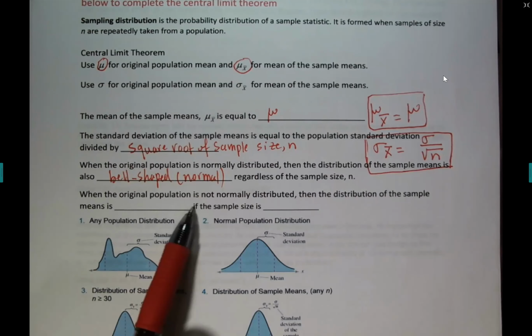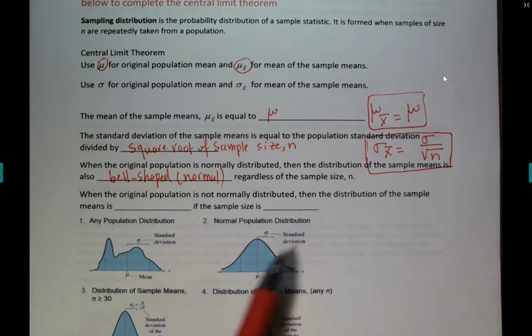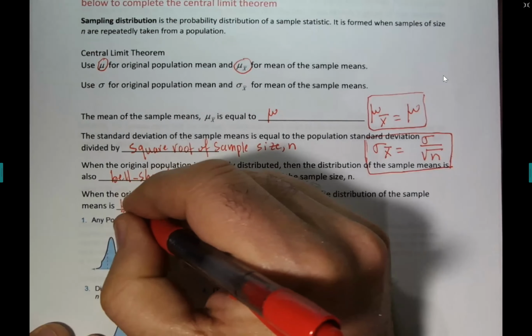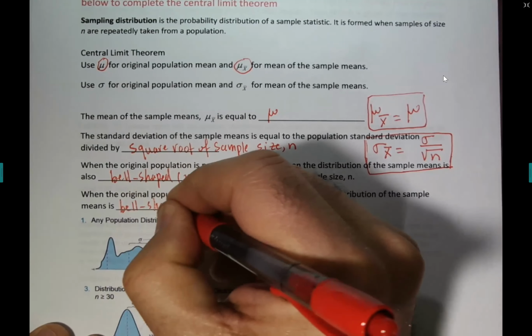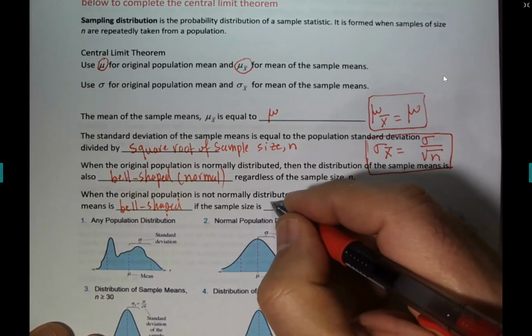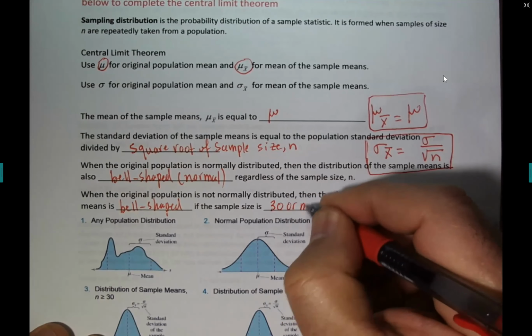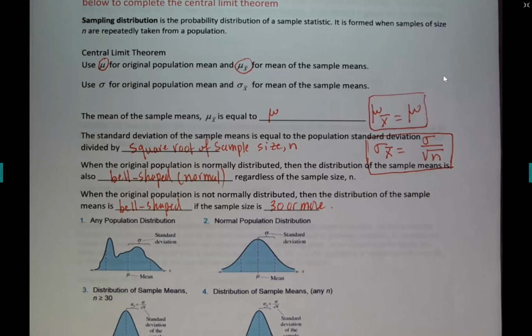So when the original population is not normally distributed, then the distribution of the sample means is bell-shaped if we use a sample size which is 30 or more. So in other words, when working with sample means, guys, if your original population is not bell-shaped, you are required to select samples of size 30 or more. If you select samples of less than 30, it would not work. It will only work if the original population is bell-shaped.